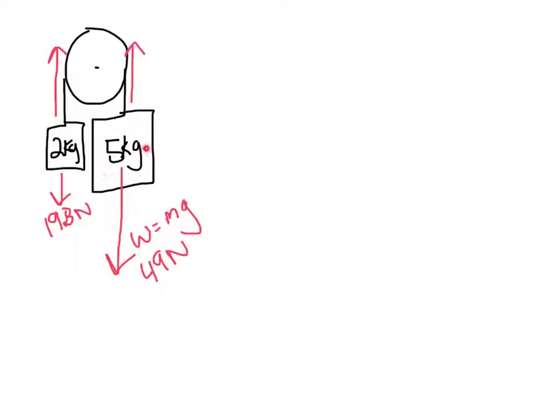We know this 5 kilogram mass is going to accelerate downwards, meaning the force upwards has to be less than 49 newtons. So off to the side I might write, I know the tension is going to be less than 49, but I know it's going to be more than 19.8 newtons. Okay, just so that if we get an answer and it's crazy, we know it's wrong and we messed up somewhere.